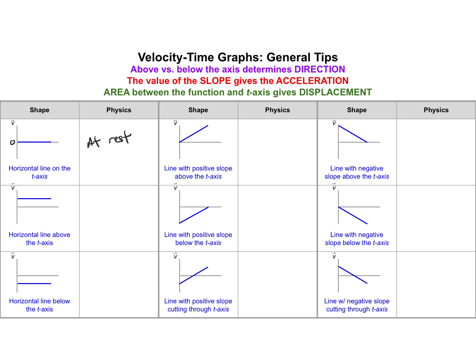Then, one below it, we have a constant velocity. Okay, the velocity is staying at the same number, and it's a positive number. So it's going to be moving in the positive direction. Similarly, the one underneath that is a constant velocity again. It stays at the same number, but it's a negative number.